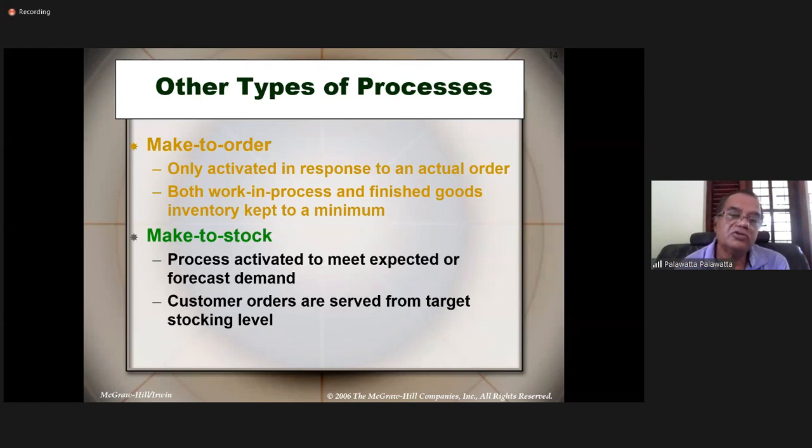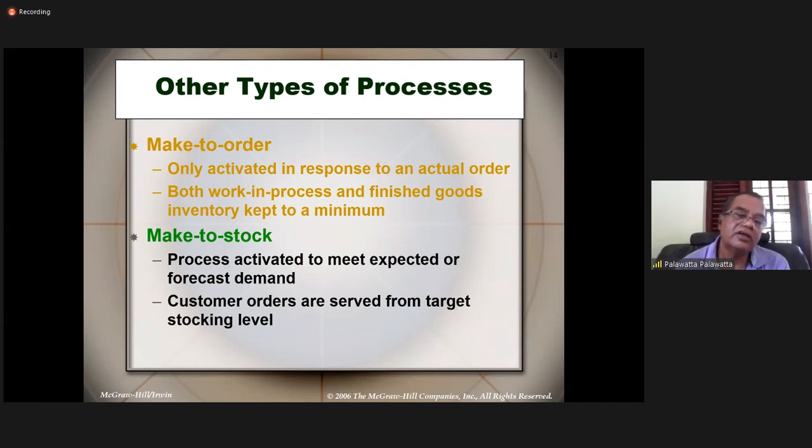And then make to stock. Here, the process is activated to meet expected or forecast demand, and customer orders are served from a target stocking level. So here it's different from make to order.